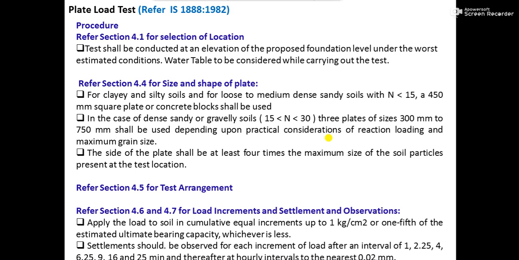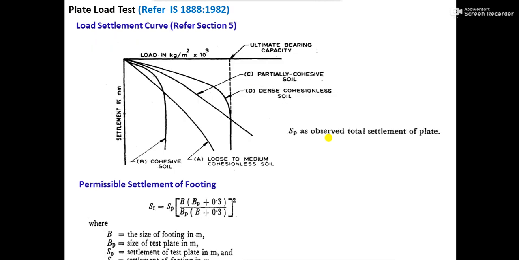Okay. So after this, if you see the load settlement curve, I have told you earlier also that along the x axis you plot the loading and along the y axis you plot settlement. So depending on the type of the soil, depending on the test process at the site, you should be able to find out the load versus settlement curve.